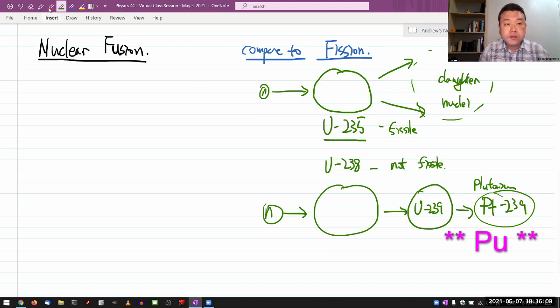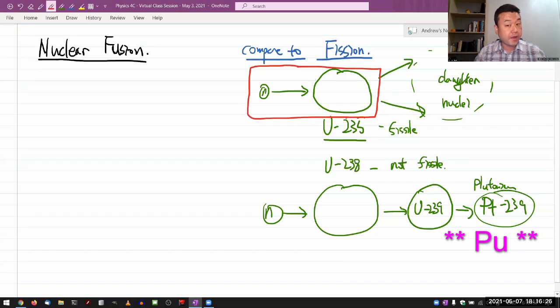One of the things that tells you fission can happen is when you look at the atomic masses. You look at the combined mass of the neutron and uranium-235, and that gives you the rest energy that you're starting with.